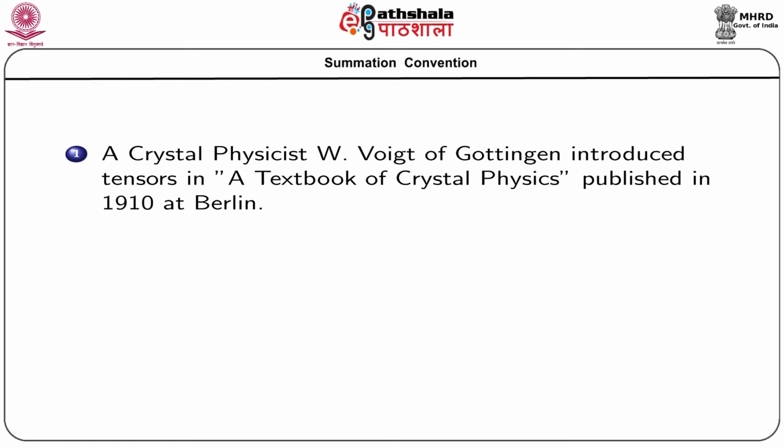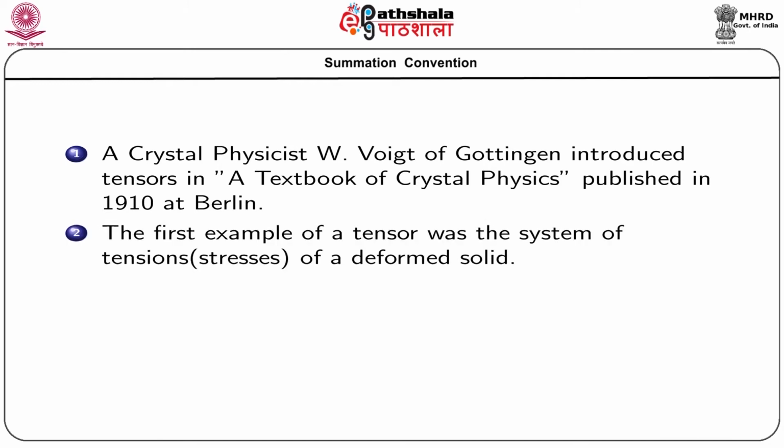A crystal physicist W. Voigt of Göttingen, Germany, introduced tensors in a textbook of crystal physics published in 1910 at Berlin. The first example of a tensor was the system of tensions of a deformed solid.